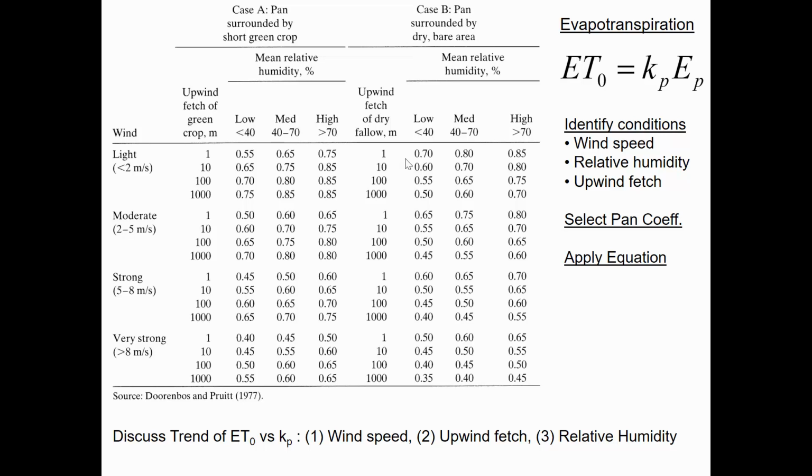Because case B, since it's surrounded by a non-growing crop, moderate wind puts us somewhere in here, 100 meters of upwind fetch, and then medium humidity. So 0.6 is the K sub P, 0.60.